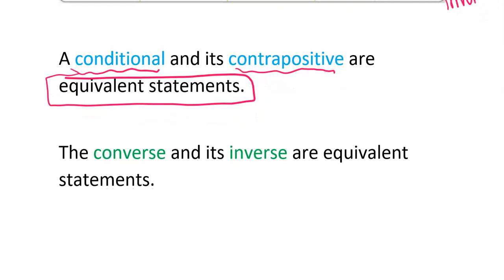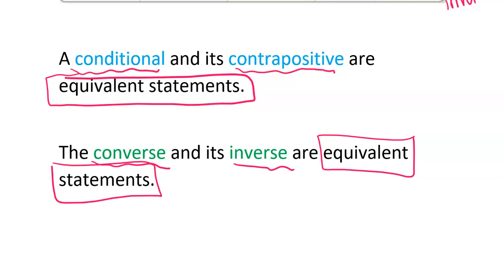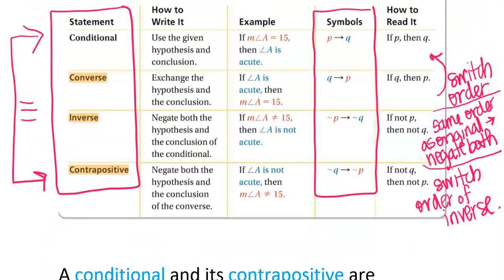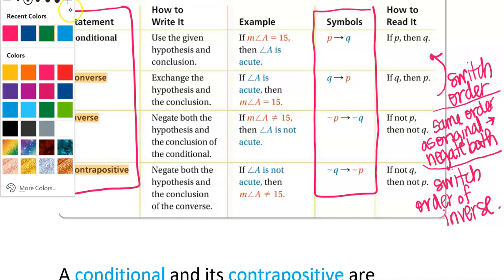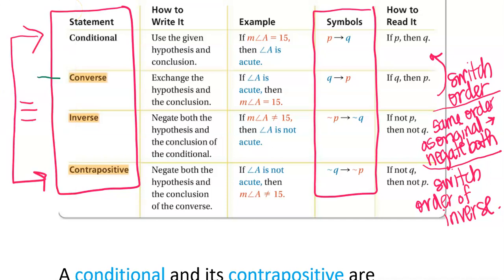Also the converse and inverse are equivalent statements. So the truth value of the conditional and the truth value of the contrapositive are going to be exactly the same, no matter what. The truth value of the converse and the truth value of the inverse are going to be exactly the same, no matter what.